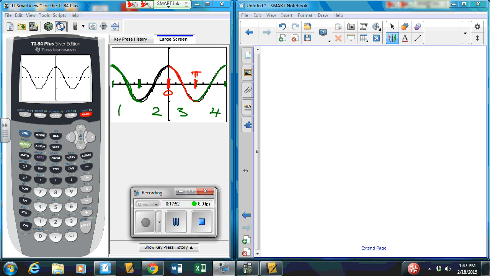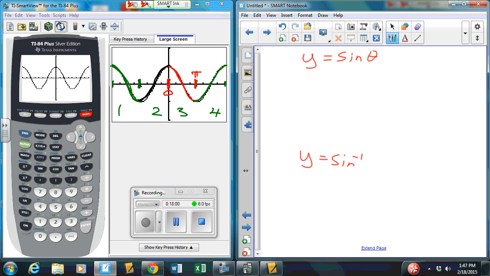So everybody write this down. Y equals sine of theta and y equals sine inverse of theta. Actually, I'm going to put x instead of theta. So x has to be an angle between 0 and pi, and y has to be between what and what? What does the answer have to be between?